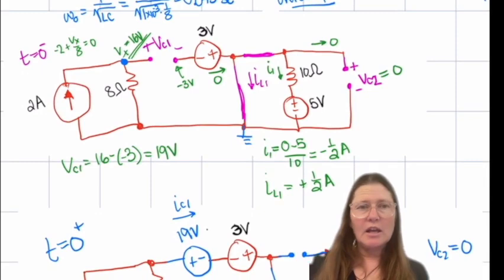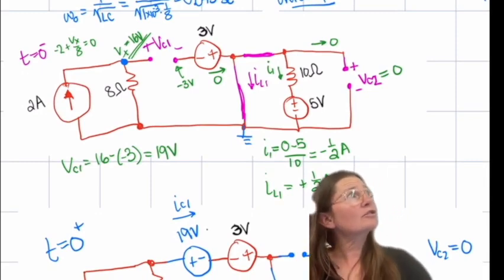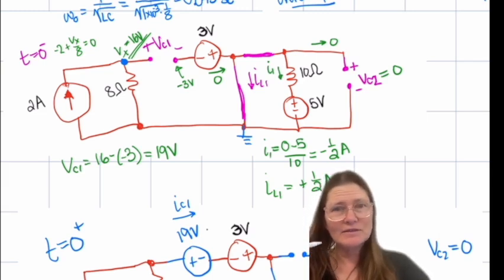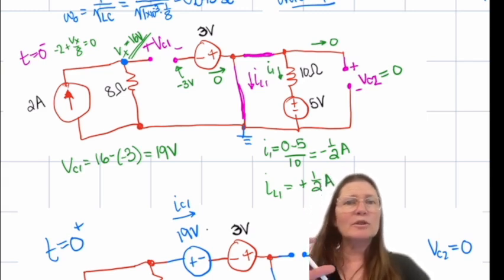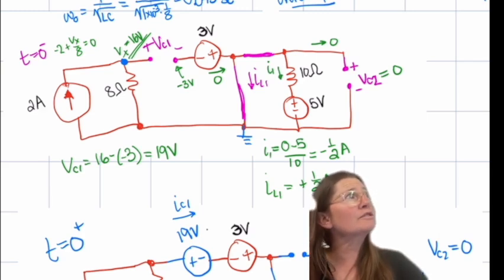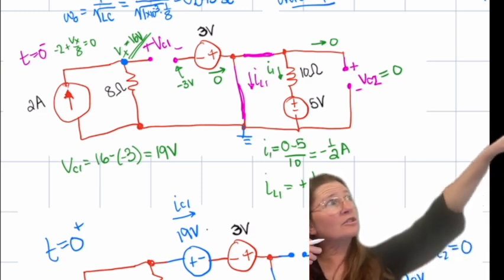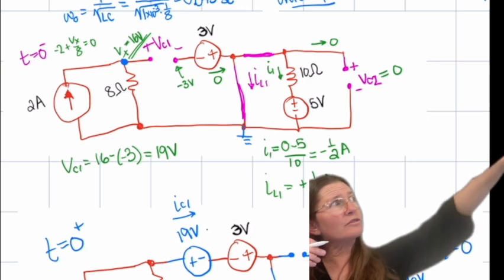In the initial circuit, you'll have this circuit, so you'll have 0 current going through the 3 volts, and to find VC1 then is just going to have the voltage Vx on the top, which is going to be 2 amps times 8 ohms.